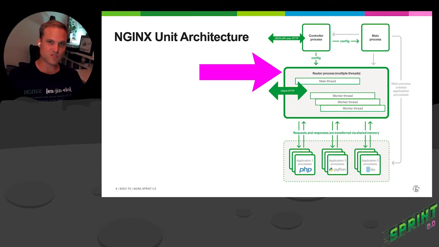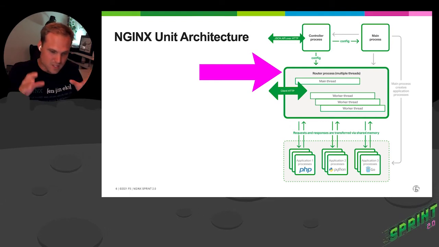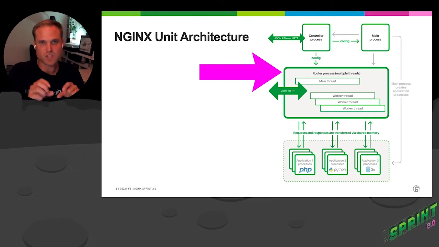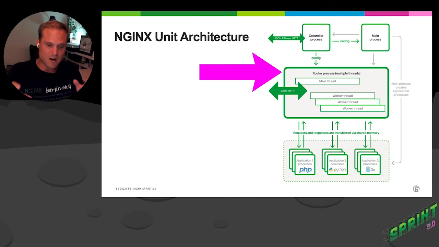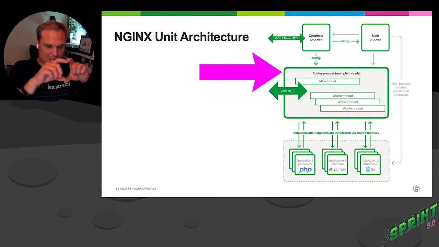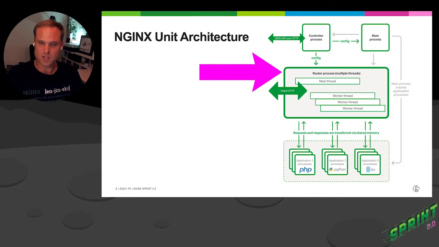So anything that's related to your network traffic, like, let's say, the ports you're opening, port 80, port 443, port 8080, is bound to this process. So this process takes care of it. All the encryption part, TLS encryption, ciphers, certificate management, and all the things that are important to do this happen in this process. So as you can see, this layer is decoupled in Unit from all your application processes.